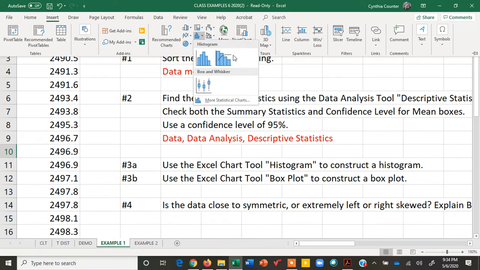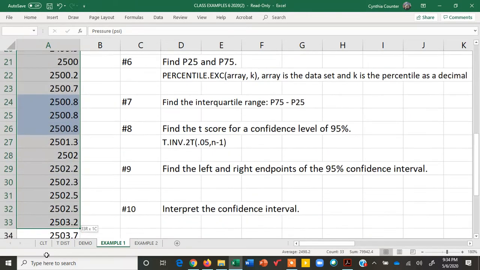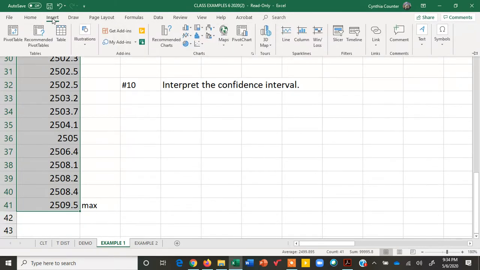What you need to do before you can do these is highlight your data. I'm going to highlight the data, and I can even highlight the label. So I highlight and insert one of these statistical charts, and let's do a histogram.